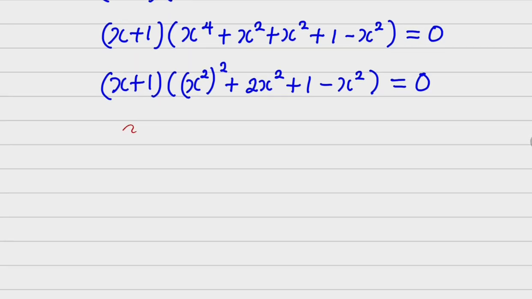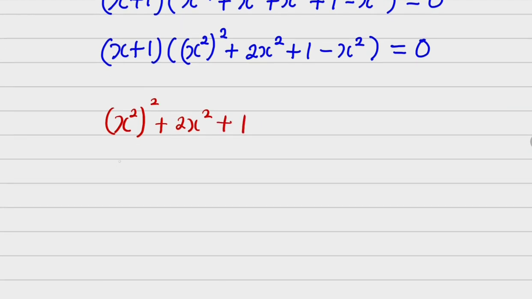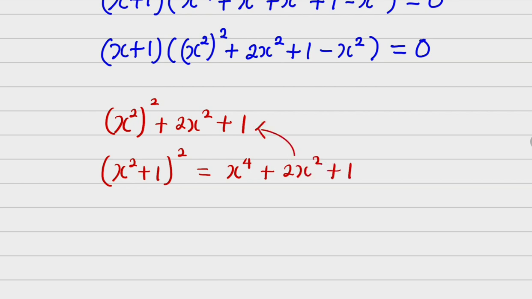Now, I need you to take note of this. x squared all squared plus 2x squared plus 1. It is very important. Now if I expand x squared plus 1 all raised to power 2, do you know I'm going to end up with x raised to power 4, okay, plus 2x squared plus 1, which is the same as this.